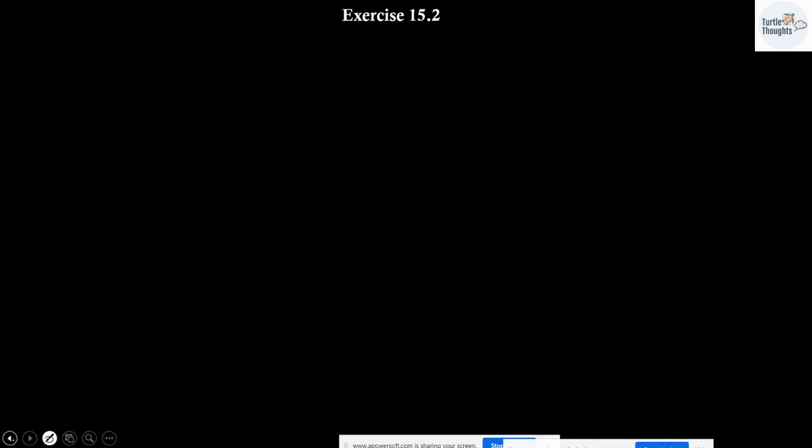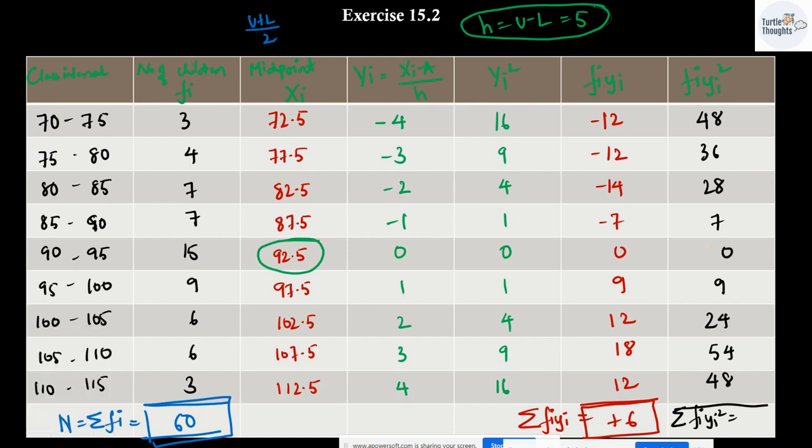Now, when I add all of them, I will be getting the value as 8, 8, 6, 16, 16, 4, 20, 24, 18, 30, 32, and 2, 4 carry 6, 6, 3, 4. 11 and 5, 16. 16 plus 7 is going to be 23. 23 plus 2 is 25, so it is going to be 254. This will be the value of sigma fi yi square.